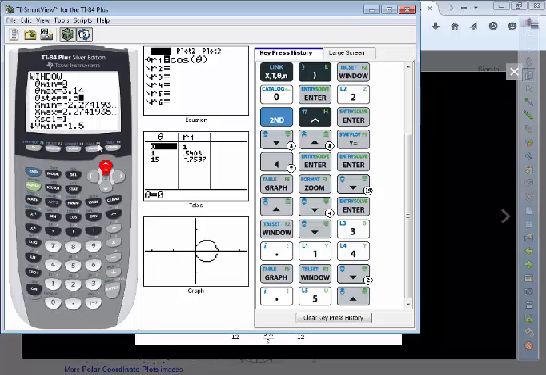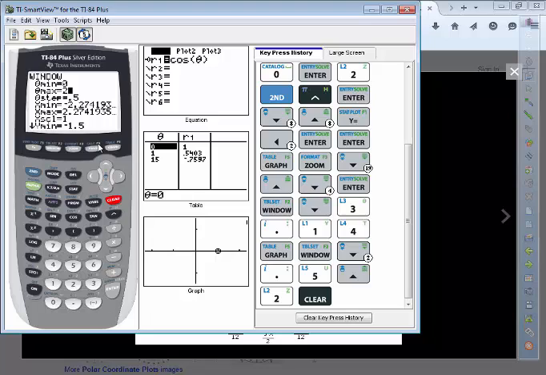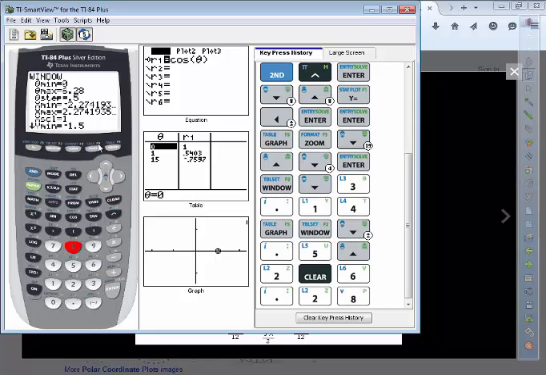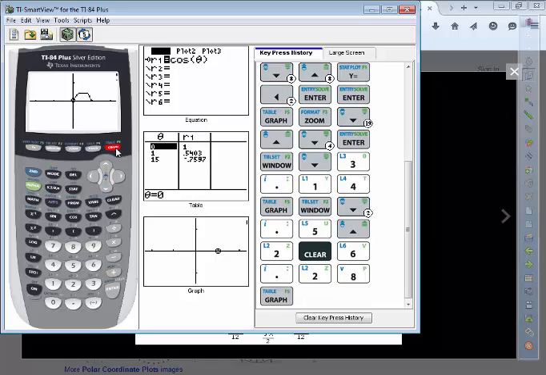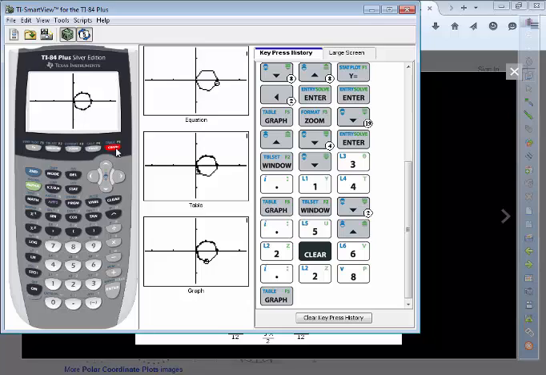And let's go to 2 pi again. What's 2 pi? 6.28? And then you graph that. It's not as smooth looking, right? Because it's drawing these things in as lines.